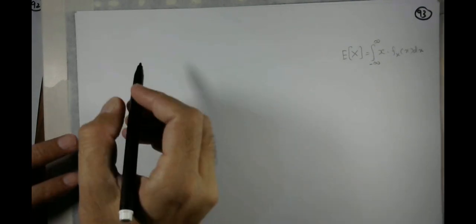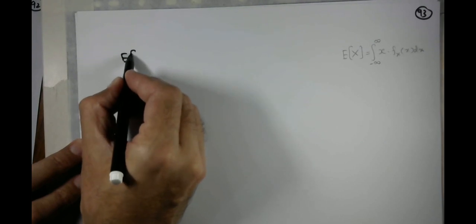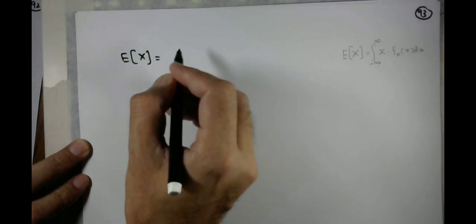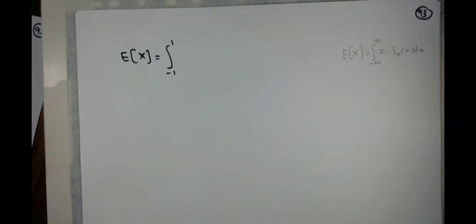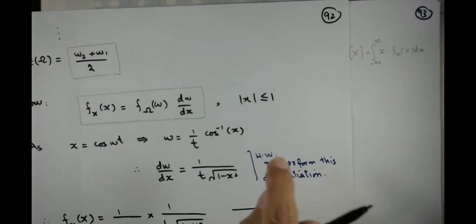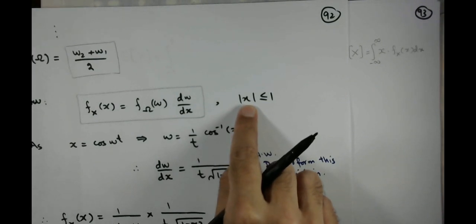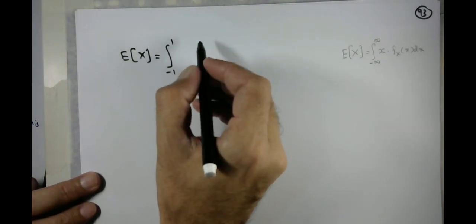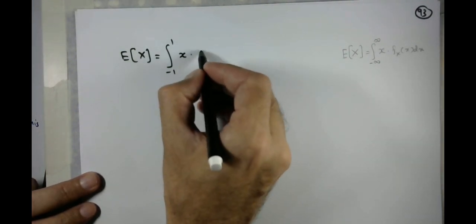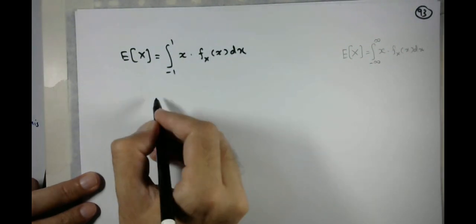So the expectation of x here will be the integral from -1 to 1. Why? Because the range of x is from -1 to +1. x times f sub x of x dx.